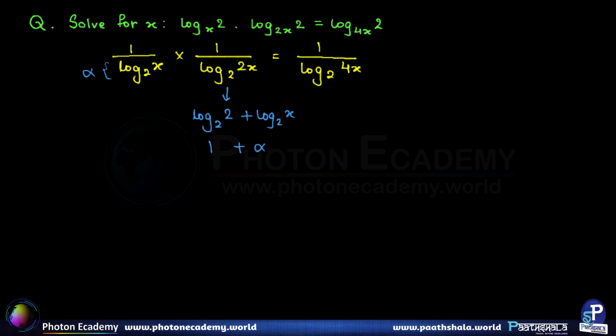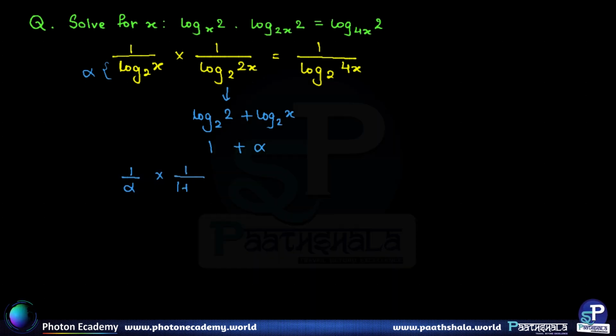So we are left with 1 upon alpha into 1 upon 1 plus alpha, and over here doing the same thing we will get 2 plus alpha. This is equal to 1 upon 2 plus alpha.